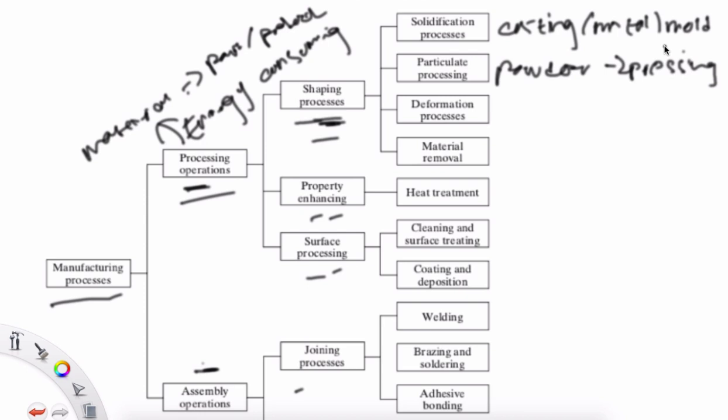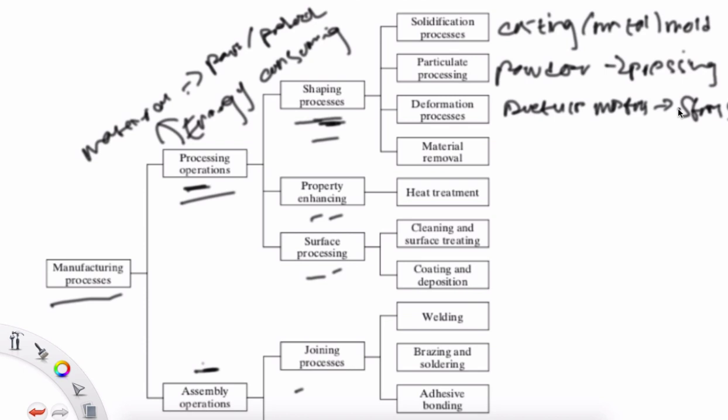And then the third one is the deformation process. In most cases for deformation processes, the starting material is a ductile metal that is shaped by applying stress, a stress that exceeds the metal's yield strength.